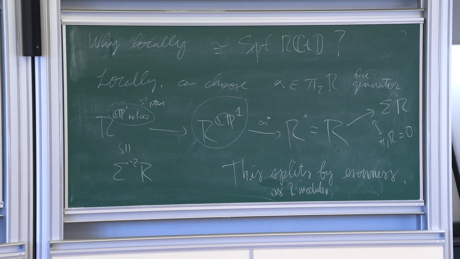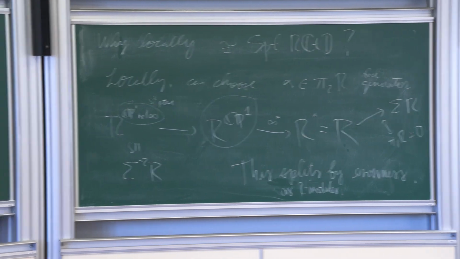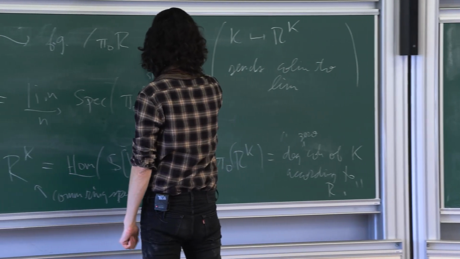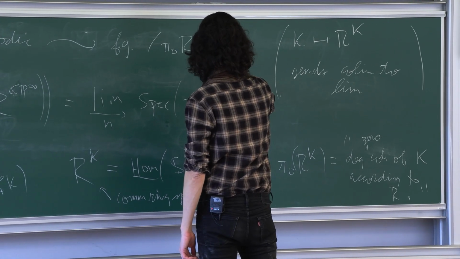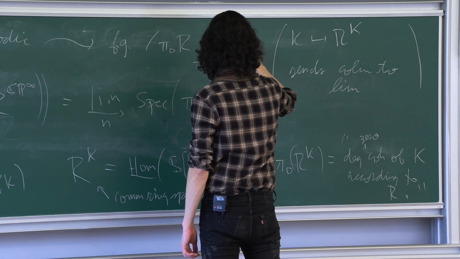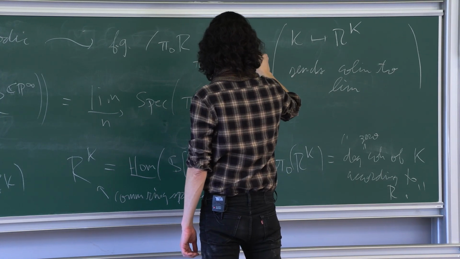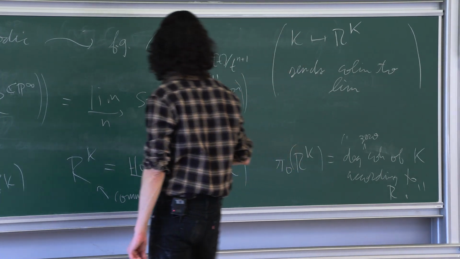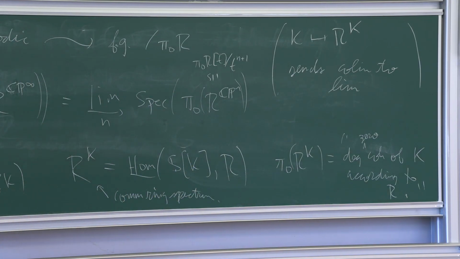You're just adding another even cell, and there'll be an S4 instead of an S2, but again by evenness everything has to split. And inductively you see that this can be identified with pi0R[t] mod t to the n plus 1. And then in the limit, you see that you are getting a formal power series ring.